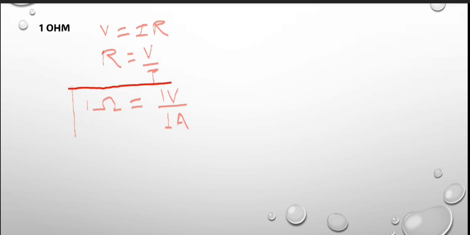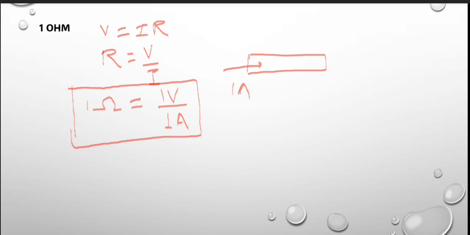Let us consider a conductor in which 1 ampere of current is flowing, and the potential difference across the conductor is 1 volt. Then the resistance of this conductor is equal to 1 ohm.